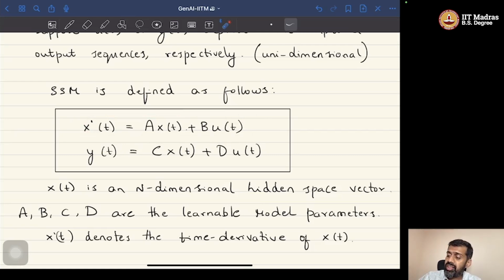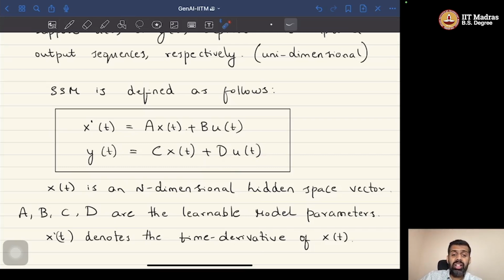The first equation governs or models the evolution of the state space across time, and that is modeled using the A and B vectors or matrices as the case may be. The output y of t is connected to the state space through the matrix C, and the matrix D connects the output to the input u(t).